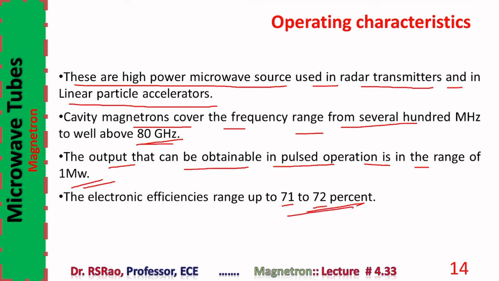These are plus points: giving higher powers and higher efficiencies are positive aspects of the device. However, because of other reasons like noise and incoherency, they become unsuitable in the design of sophisticated radar systems. As already mentioned, now they are confined to microwave cookers.